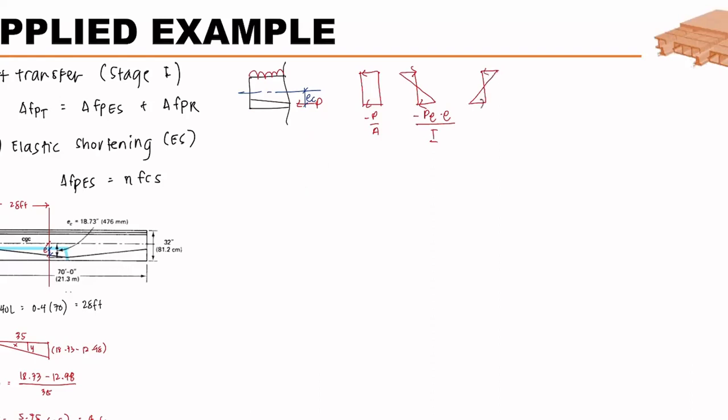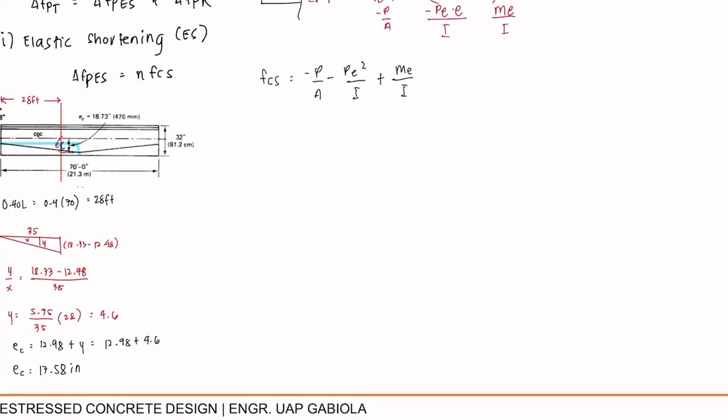So, that is yung moment ng self-weight natin times E all over I. So, yan yung formula natin for FCS. FCS natin will now be negative P over A minus P E squared over I plus M E over I. Ngayon, calculate natin yung mga value.